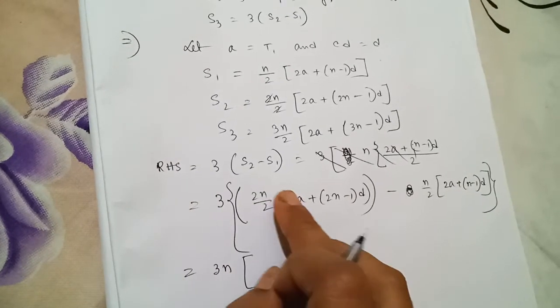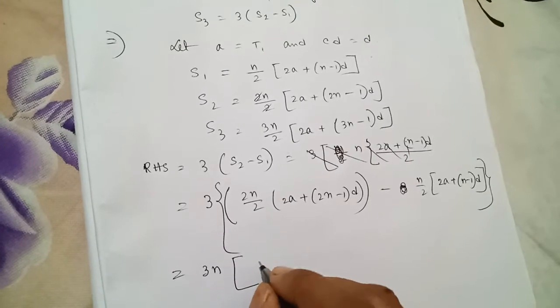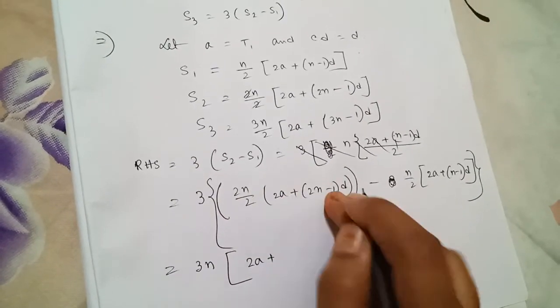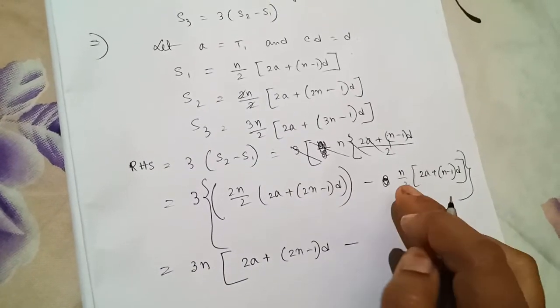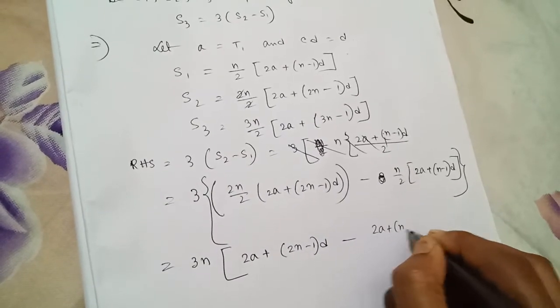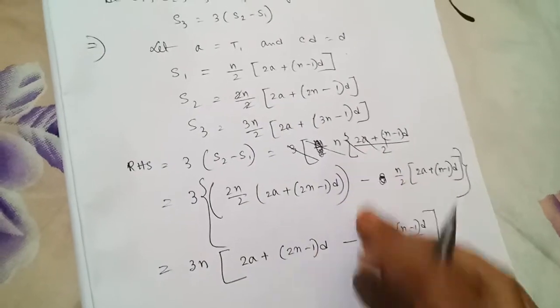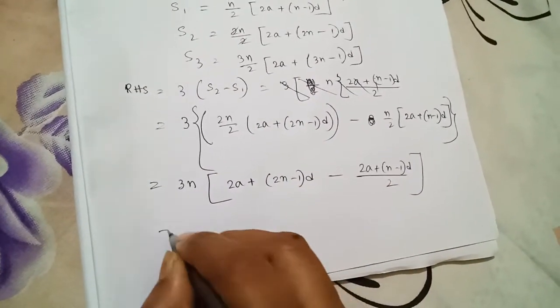Now I'm taking n common, n I'm taking outside. So we get 2 cancelled out, and we are left with 2a plus 2n minus 1 into d, minus 2a plus n minus 1 into d divided by 2. What I was writing over there is the same, but this is a different way and will be an easy one.